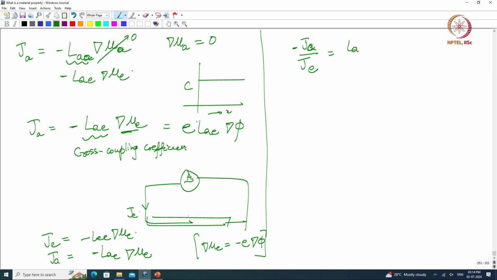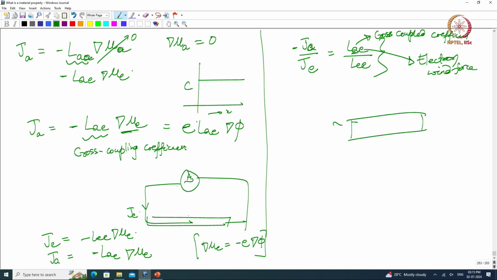How much atomic current I get just depends on the ratio between these Onsager's coefficients. This is the cross coupling coefficient. It couples the electron flow with the atom flow. This is what is called the electron wind force. It tells me that just because of the electron wind, there is some wind of electrons.